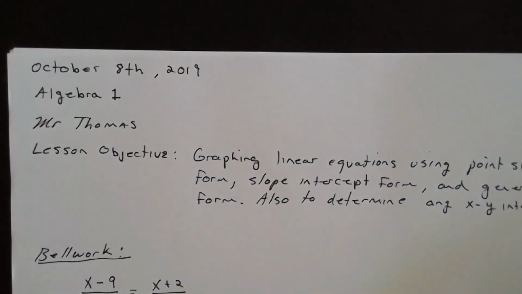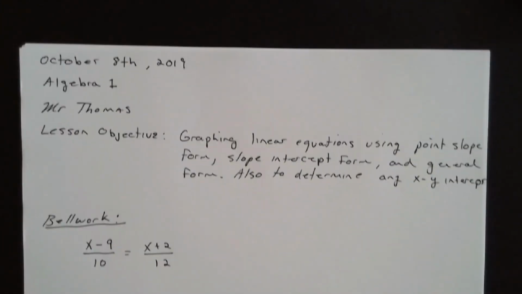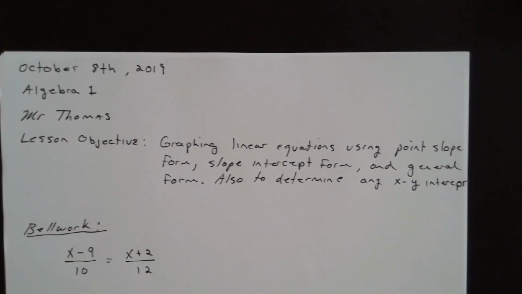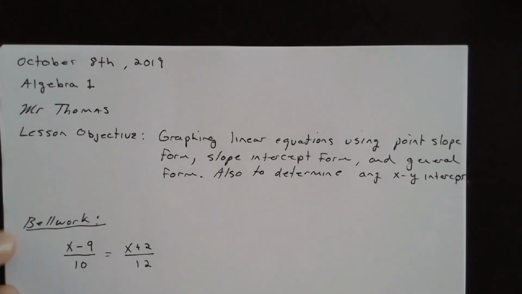Okay, so today we're going to be graphing linear equations using point slope form, slope intercept form, and general form, also determining any x and y intercepts. They'll work for today.